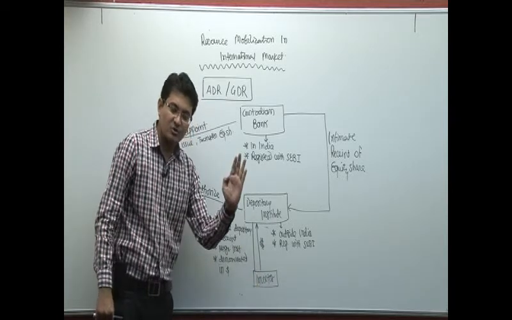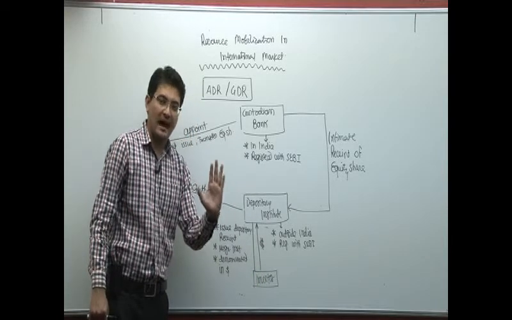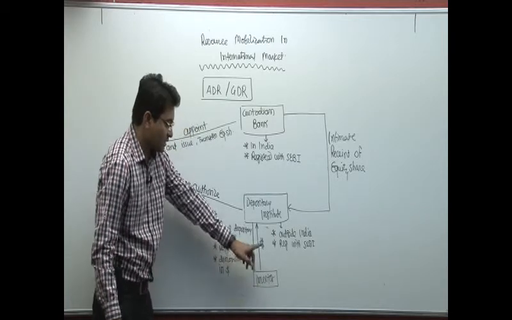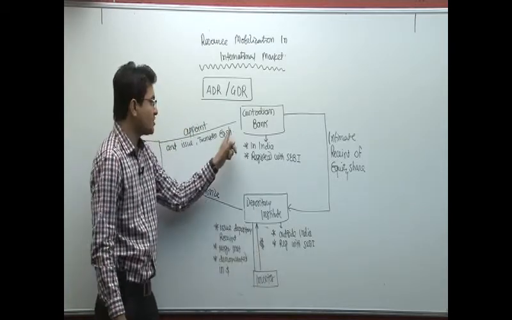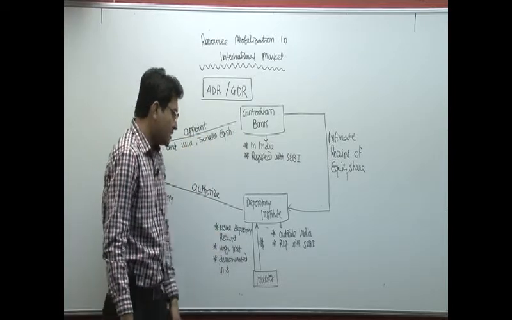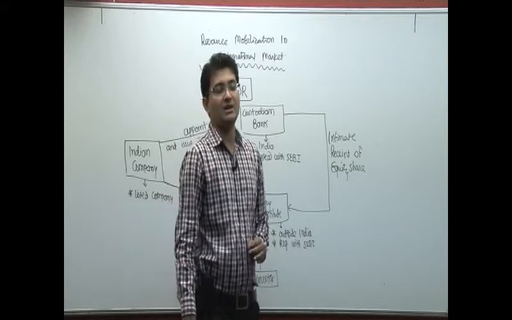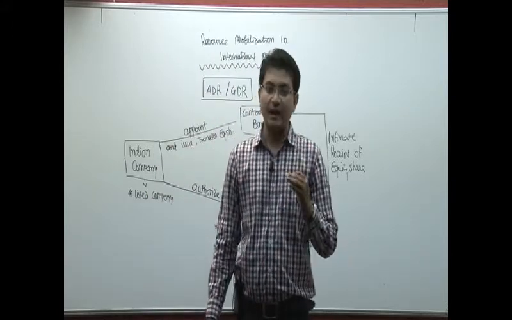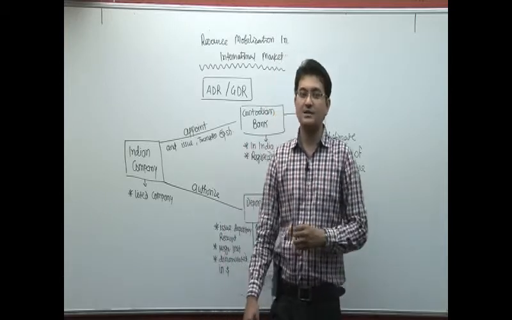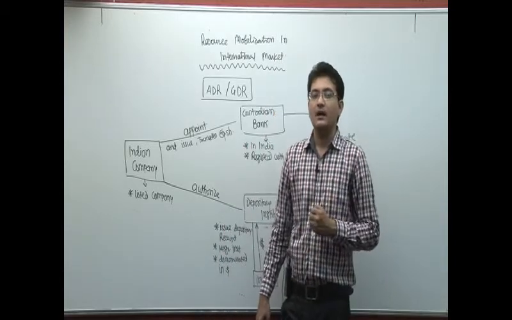The said acknowledgement certifies the fact that the particular investor has invested a certain amount in the equity shares of the Indian company. Friends, the depository receipt is always in the form of a negotiable instrument. That means it can easily be transferred to any other person.